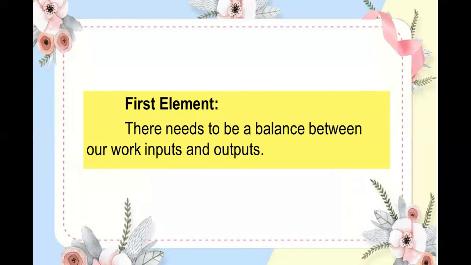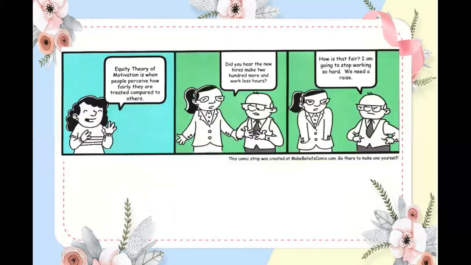This is the first element of Adam's equity theory. There needs to be a balance between our work inputs and outputs. The next element can be seen in this picture. So the two employees are talking about a new hire who makes 200 more but works fewer hours than them.